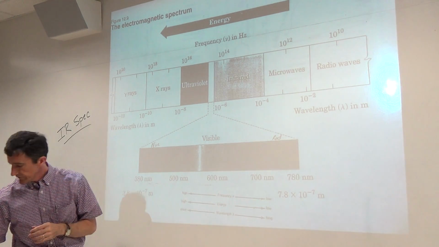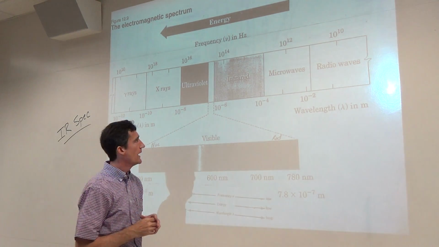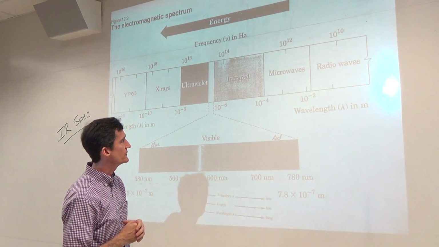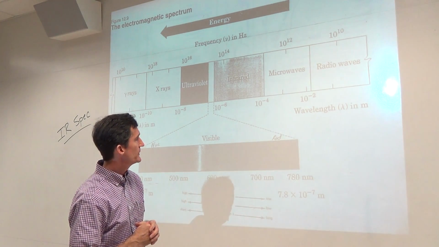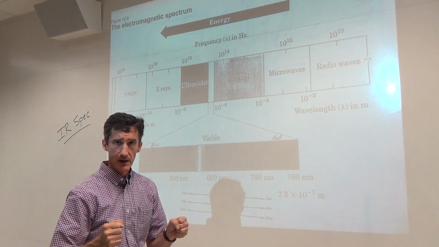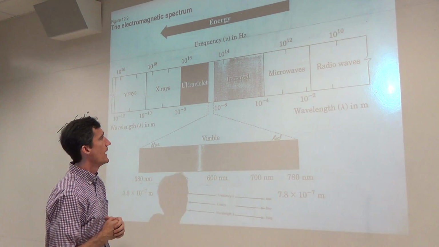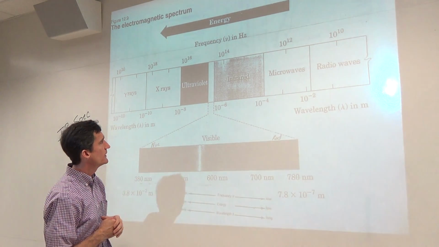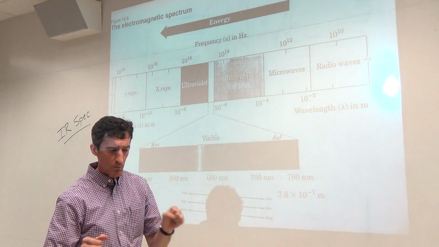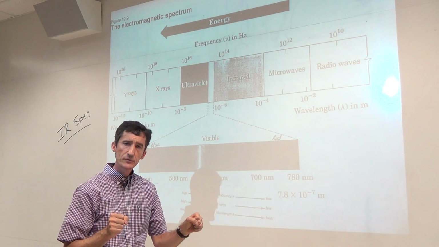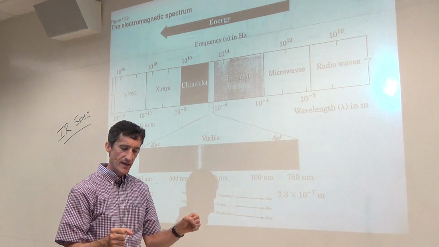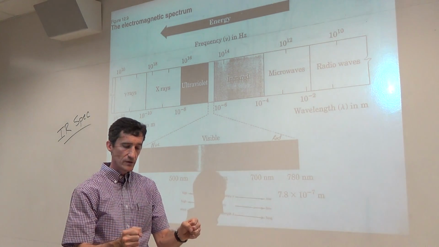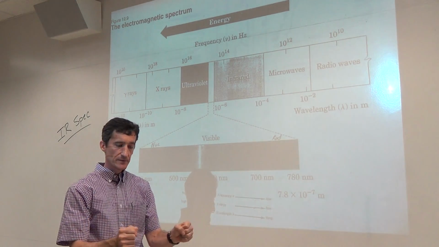Infrared does not deal with the electrons, really. It deals more with the bonds. Of course, bonds contain electrons, but infrared deals more with vibrations of bonds, vibrations of molecules. We'll talk more about this after I finish going over this chart. Essentially, all molecules have different types of vibrations. Consider just a bond vibration, two atoms just stretching.